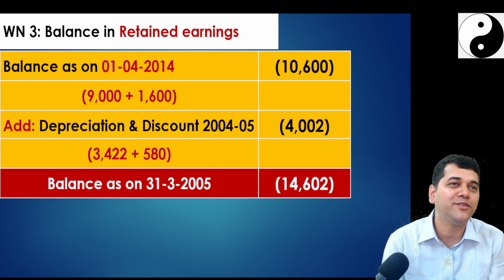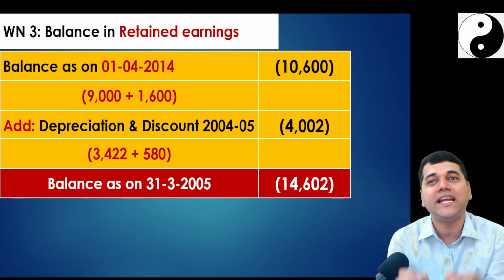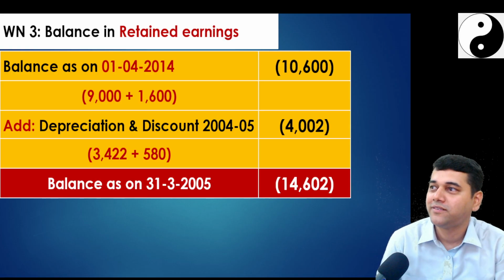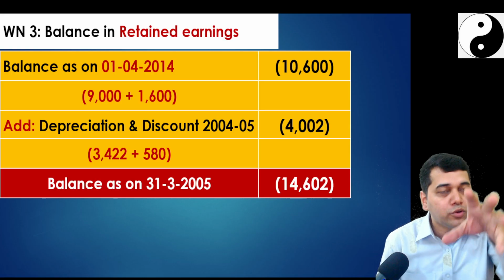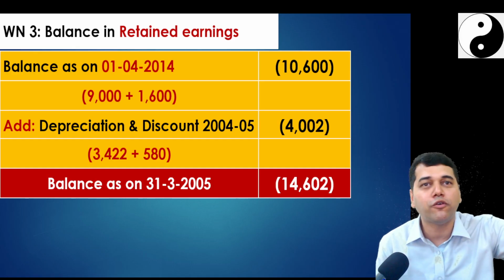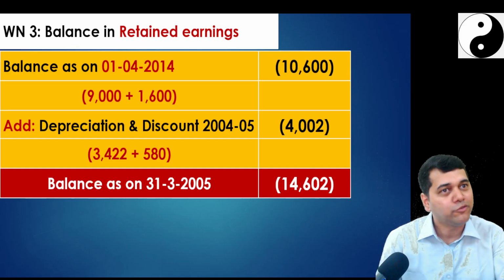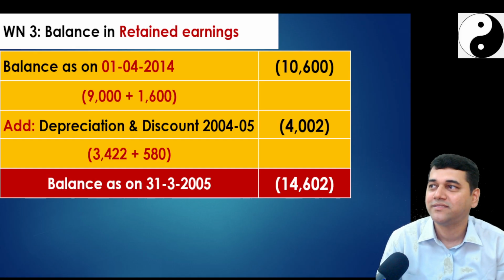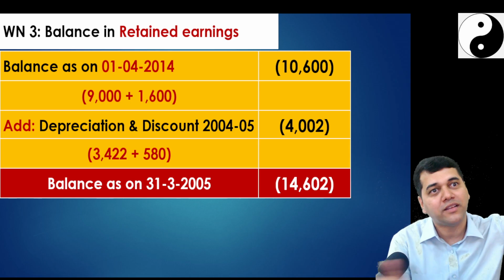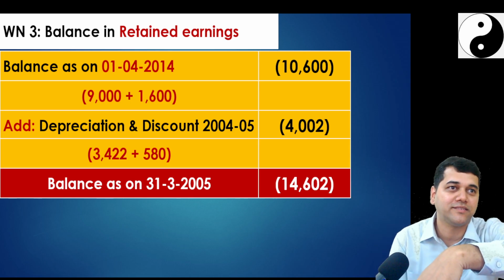Then that's it, 14,000. Other than that, which item will go to P&L? All other items went to OCI, no. The reason is you do the accounting on a revaluation basis. Otherwise, everything would have gone to the P&L, which would have hit your retained earnings. Now the revaluation surplus is sitting. When you sell the asset, you will transfer it to retained earnings.